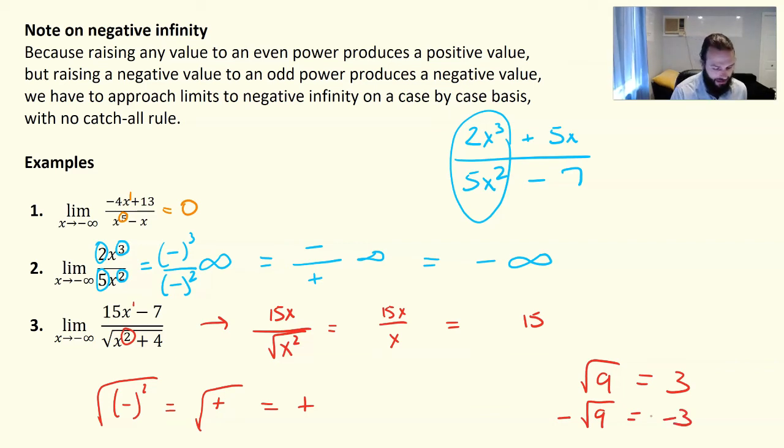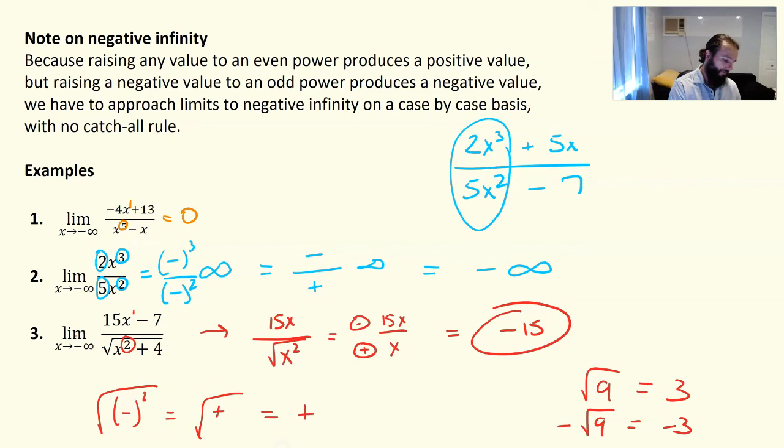So that means that this denominator is going to be positive, but the numerator, because I'm just putting the negative value into the x, is going to be decidedly negative, which means that this answer isn't 15, it's negative 15. So be particularly mindful of negative signs and odd powers. Also, be mindful of limits as we approach negative infinity rather than positive infinity. They're not likely to change the value, but they will change the sign.